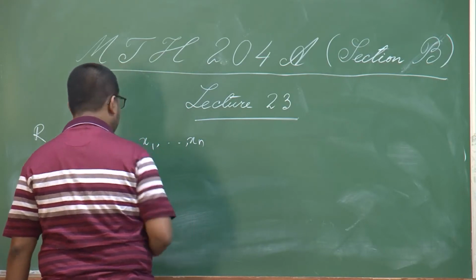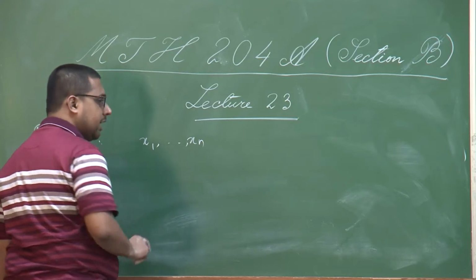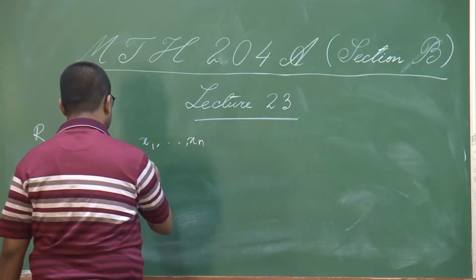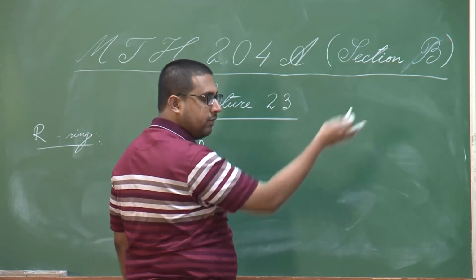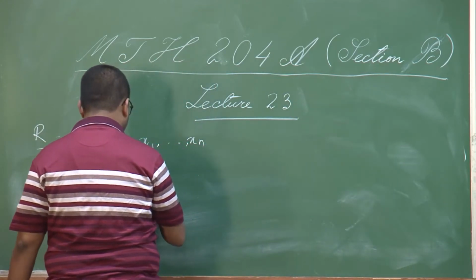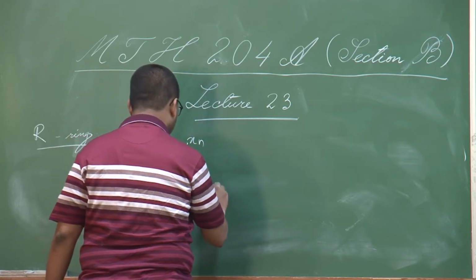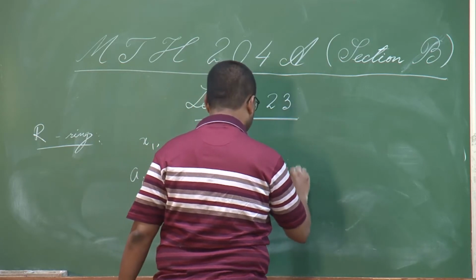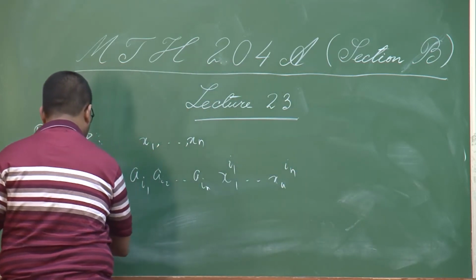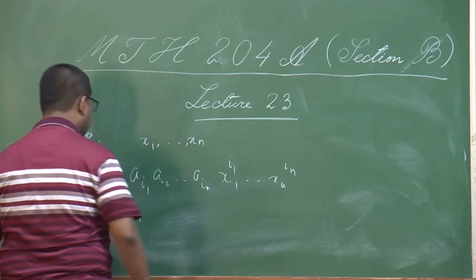A polynomial with coefficients from R in these n variables is a formal expression of the form x1 to the power i1 up to xn to the power in.